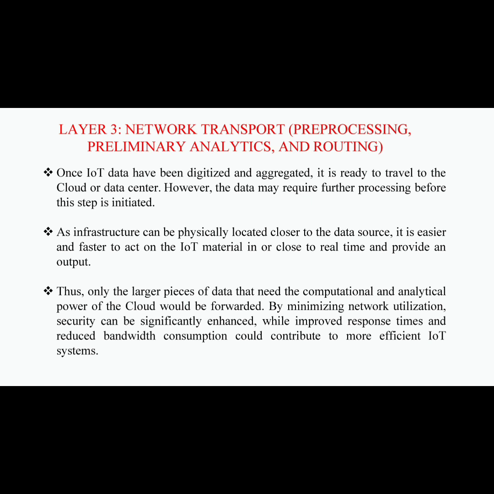Layer 3 is network transport. Once the IoT data has been digitized and aggregated, it travels to the cloud or data center. However, the data may require further processing before this step is initiated. An infrastructure can be physically located close to the data source.